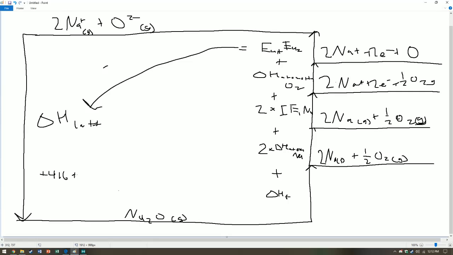Plus 2 times 495 plus 2 times atomization enthalpy is 109 plus O=O covalent bond enthalpy is 498 plus EA1 plus EA2 is 612 kilojoules. So there is 1, 2, 3, 4, 5.